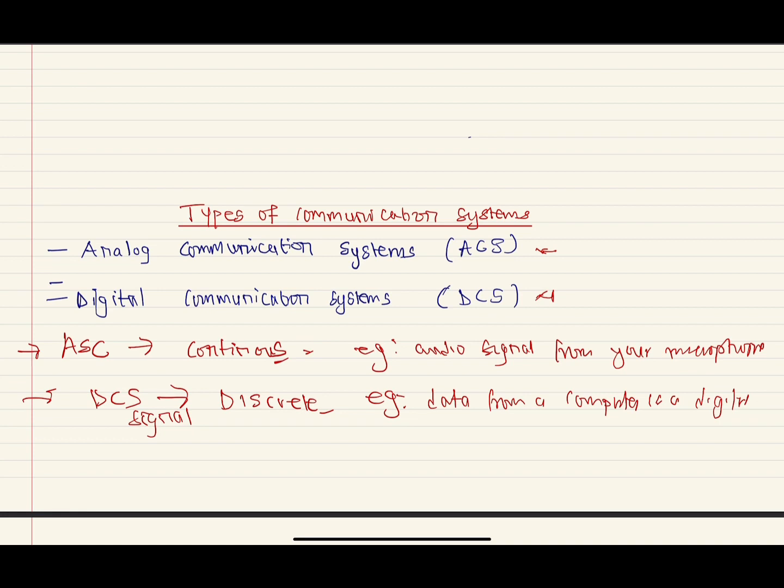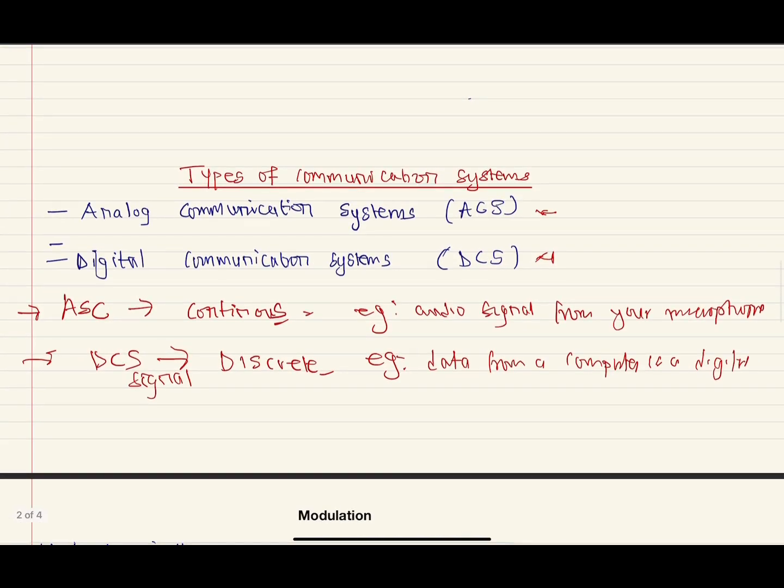Analog communication has been around for many years, but digital communication systems are becoming increasingly popular nowadays. This is because digital communication systems offer a number of advantages over analog communication systems. Some of these advantages include noise immunity.